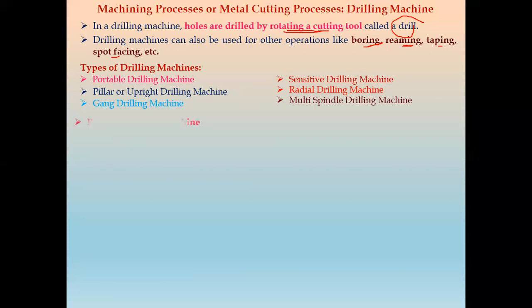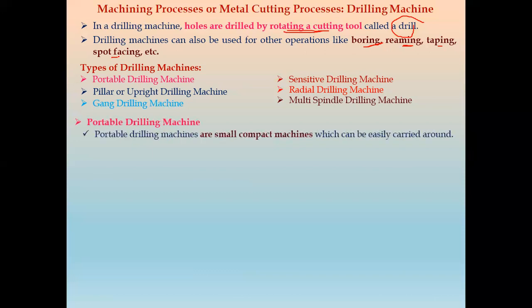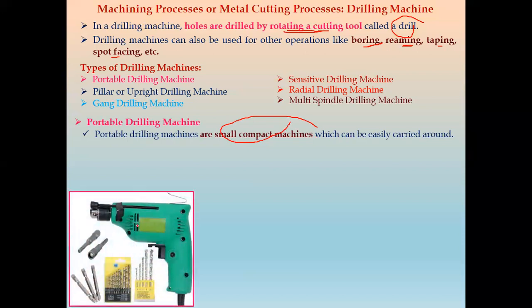So the first one is the portable drilling machine. Portable drilling machines are small and compact machines which can be easily carried around. That is, drilling can be done from one location to another location. So for that, we use a portable drilling machine.